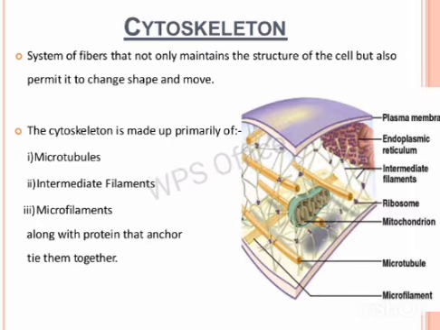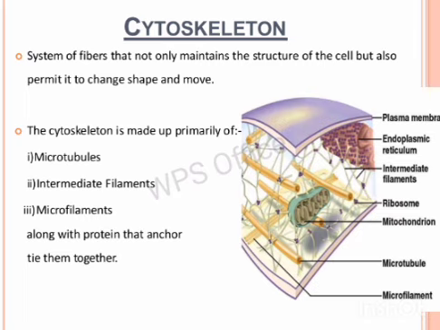Now the cytoskeleton. The cytoskeleton is a system of fibers that not only maintains the structure of the cell but also permits it to change shape and move. It is made up primarily of microtubules, intermediate filaments and microfilaments, along with proteins that anchor and tie them together.